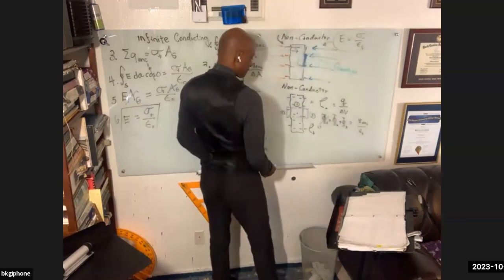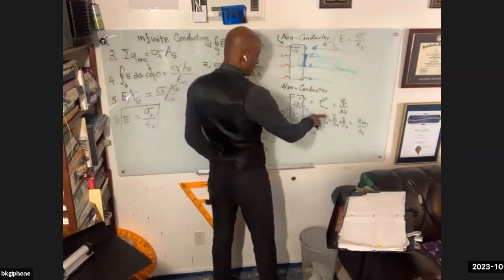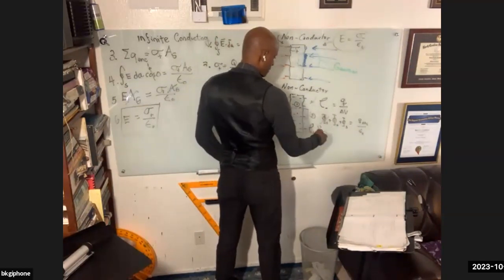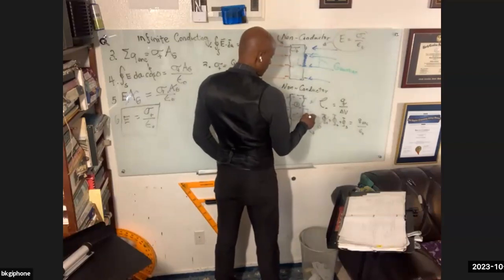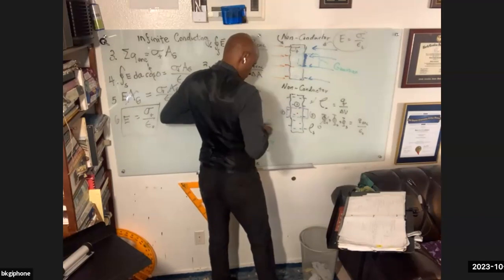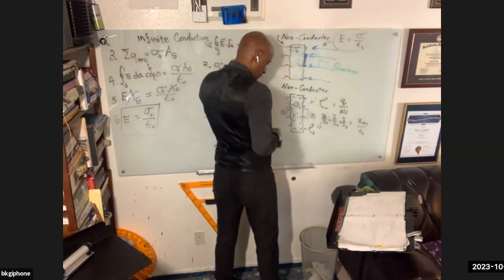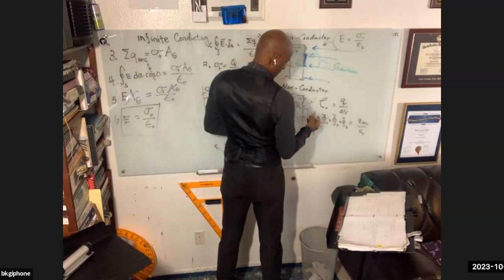So in the end, you have the two surfaces, EA. Basically, the field is pointing like that through that surface.